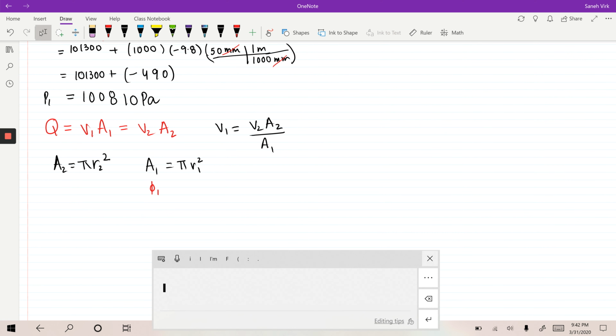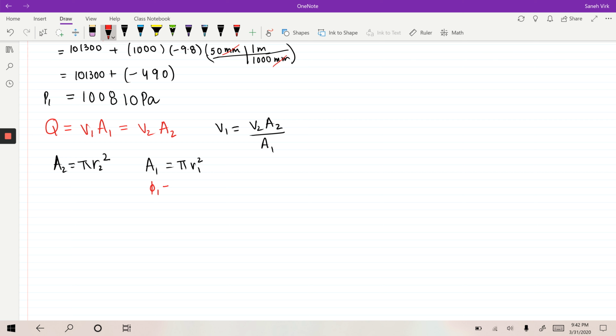Diameter 1 equals 50 millimeters, which means that R1 would be 25 millimeters. But again, we know that our units have to be in meters. 1 meter is 1,000 millimeters, which gives you 0.025 meters.